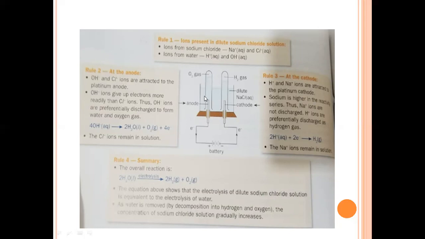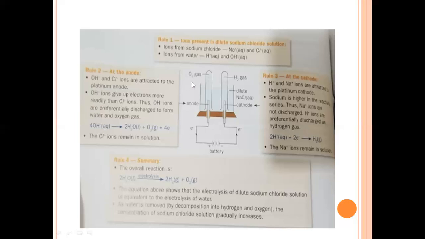But now we use what? The preferential reactivity series. In our reactivity series, OH negative ion is preferable because it lies in this series below the chloride ion. So what happened?